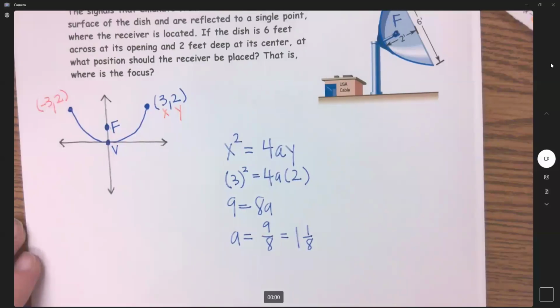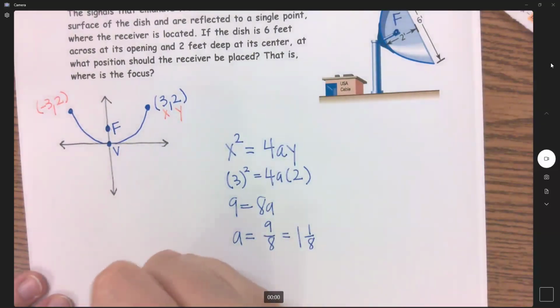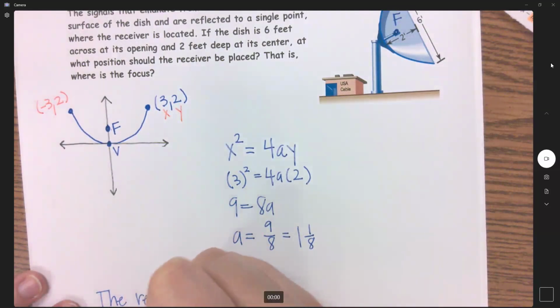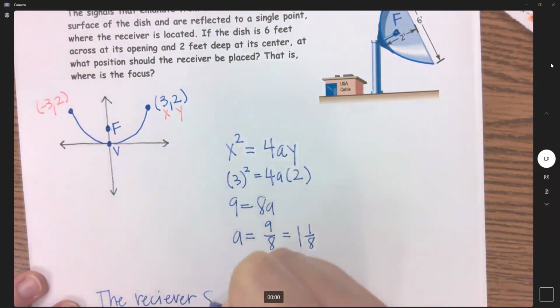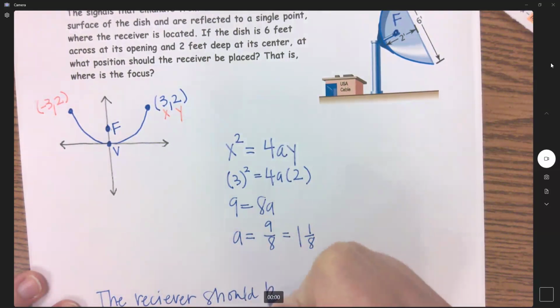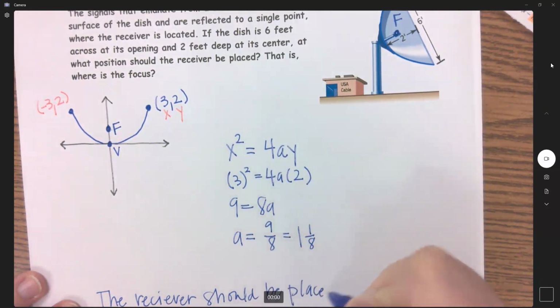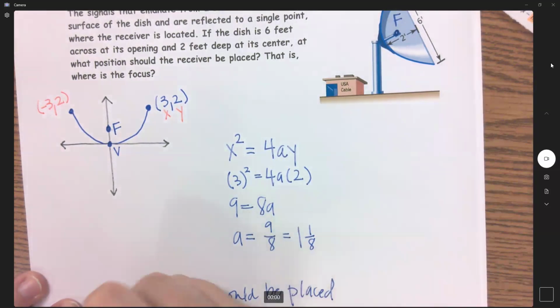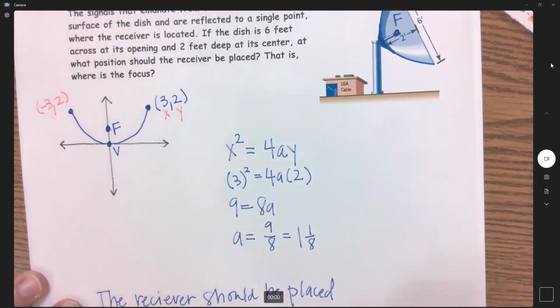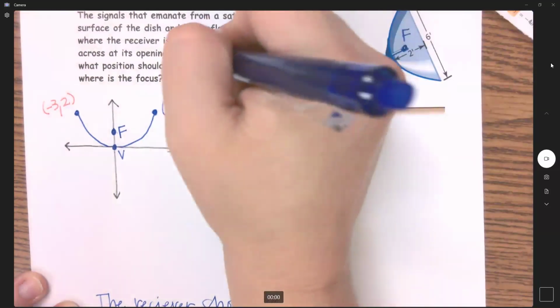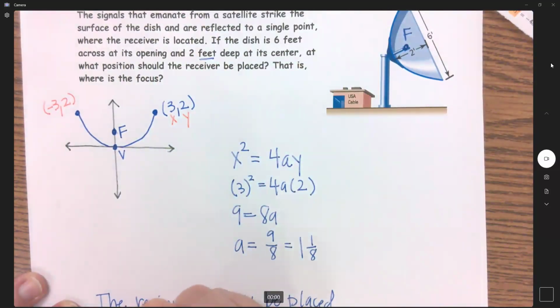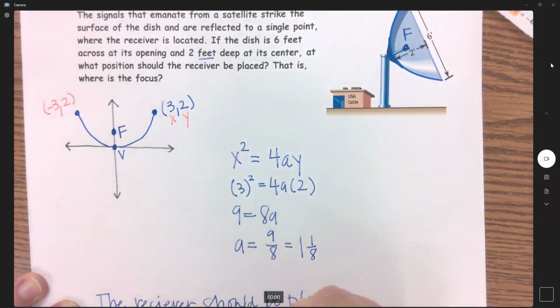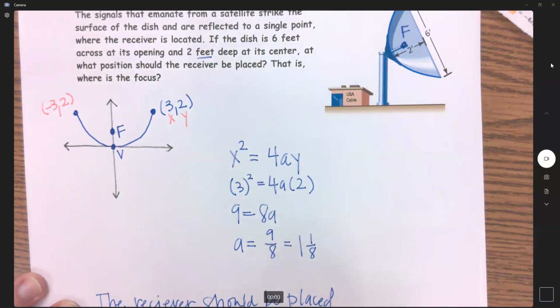So word problems need word answers. We have found that the receiver should be placed 1 and 1/8, and our unit is feet, from the base of the dish.